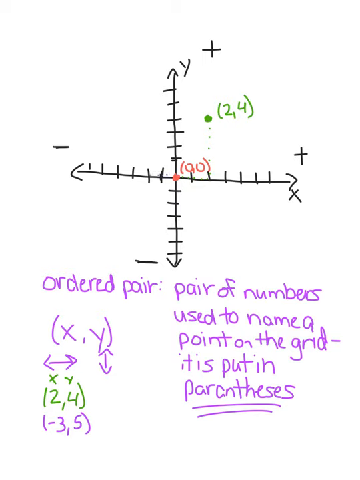We're going to go over here, 1, 2, 3, and because it's -3, we're going to the left, and then we're going to go up 1, 2, 3, 4, and then 5 is right here. It's kind of hard to see on this when you don't have the grid lines, but this is the point over -3, up 5. Right, -3 to the left, +5 up. So that purple one right there is -3, 5.